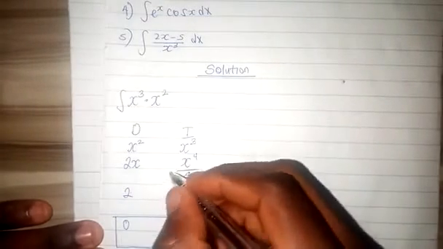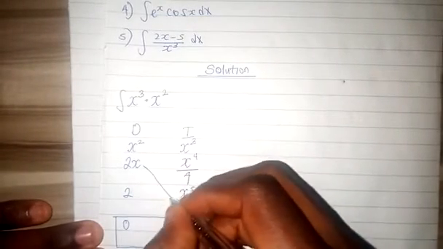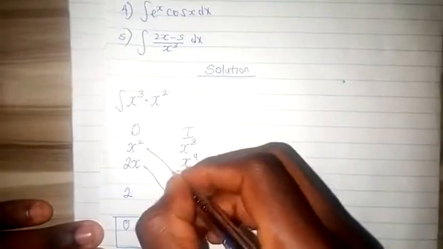Then let's do the next thing. You multiply this, you multiply this. Don't forget, you have to add plus, minus, plus.